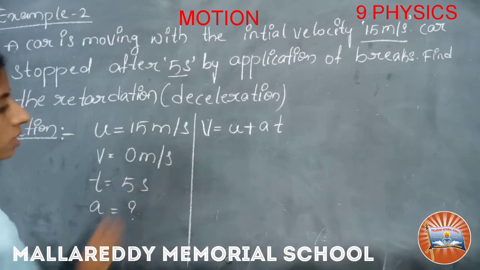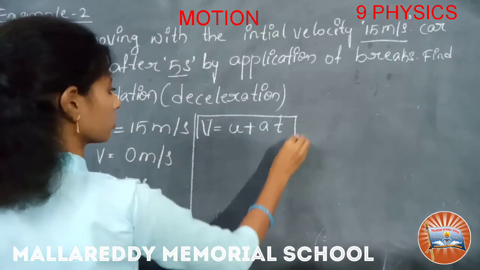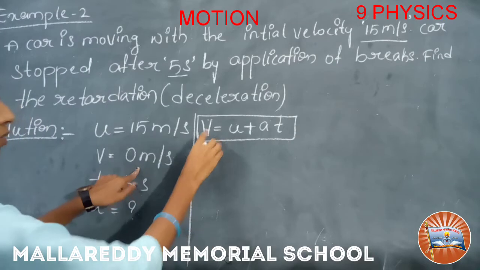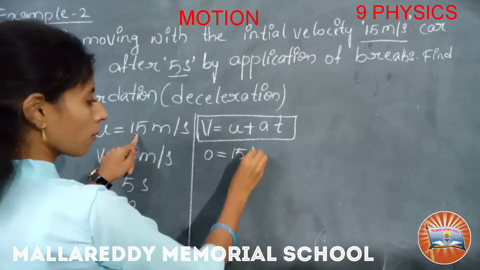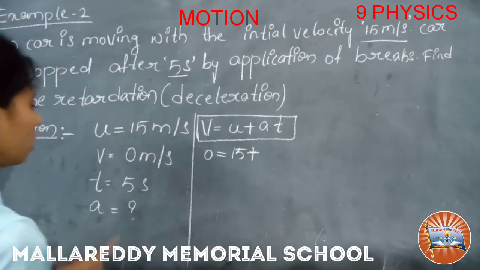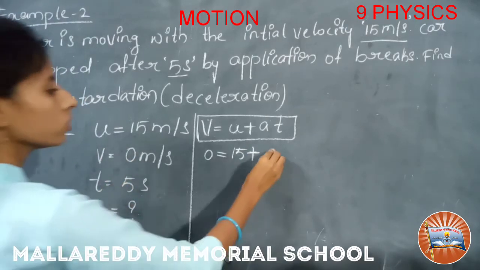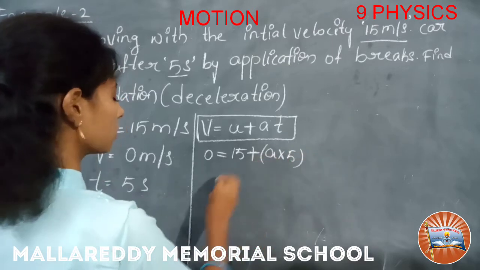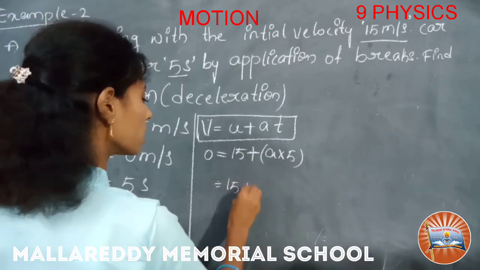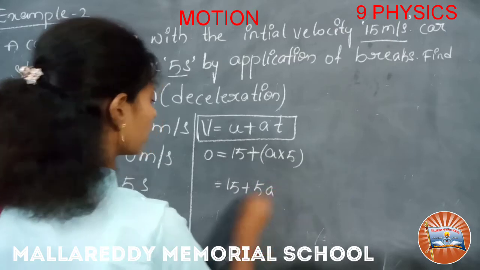Substitute all the values: 0 is equals to 15 plus 5a.